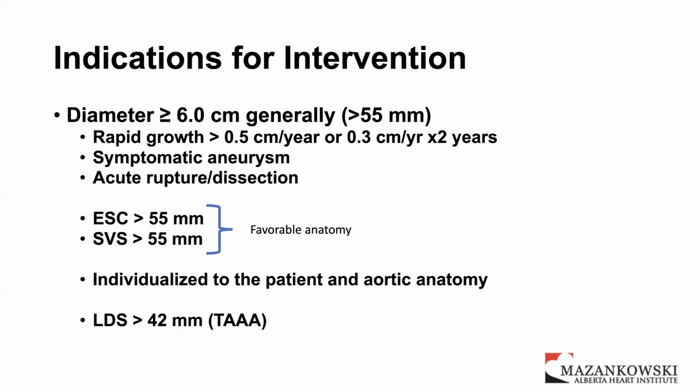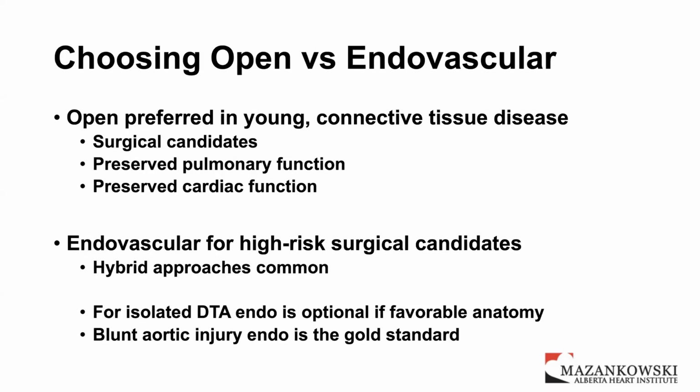Just in brackets here, it's incredibly important that you have favorable anatomy. Anytime you're decreasing your threshold for intervention, you don't want to be struggling, whether it's an open or endovascular case. So choosing open or endovascular, I do believe that an open repair is preferred in young patients and those with connective tissue diseases, as long as they're excellent surgical candidates.